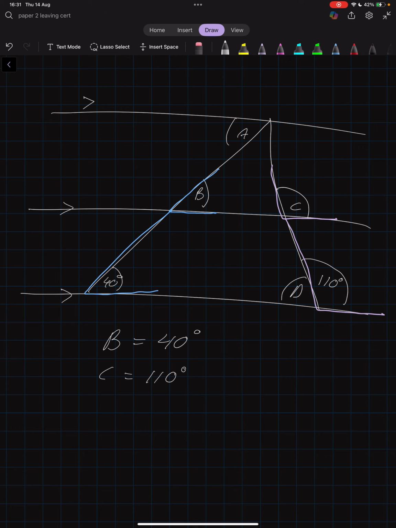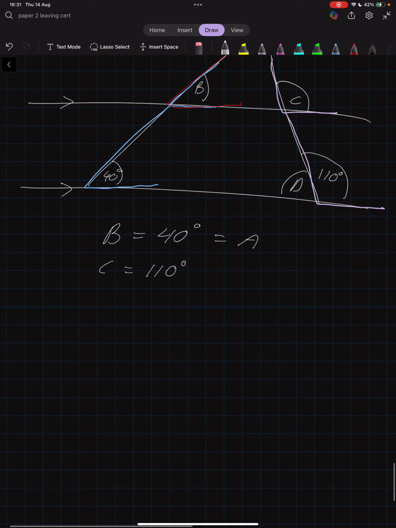A is alternate to B, and therefore A equals B, and therefore A is also equal to 40 degrees.